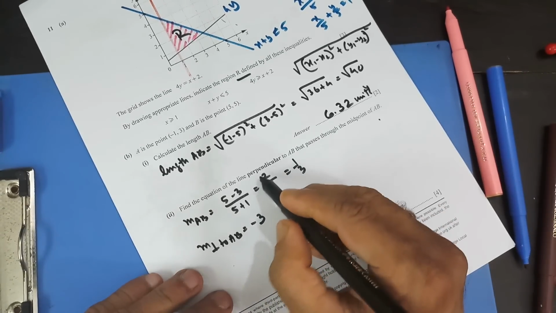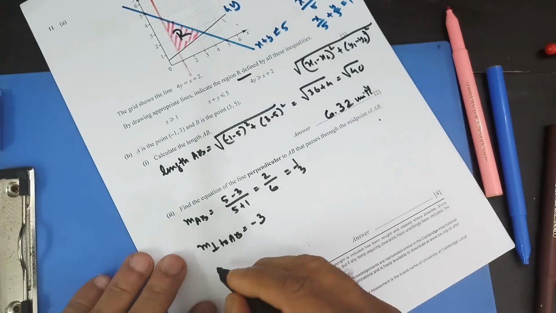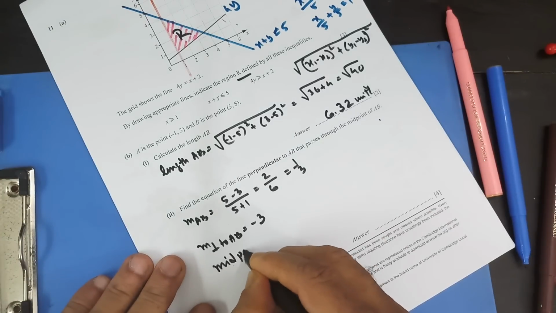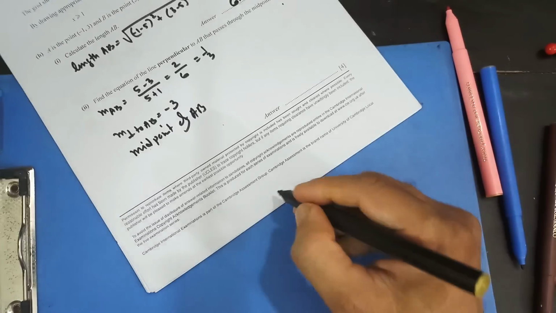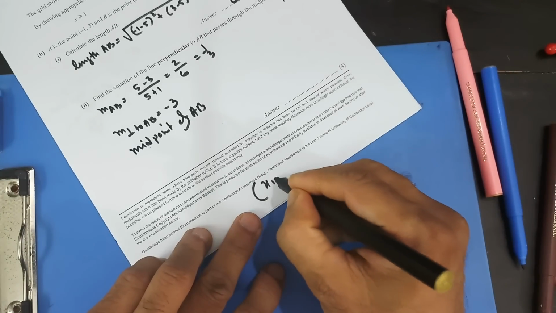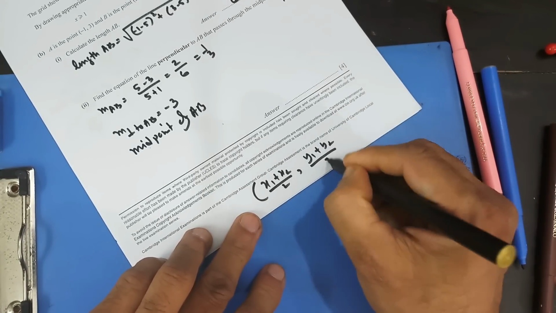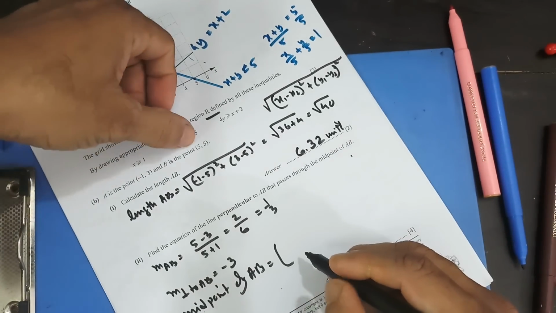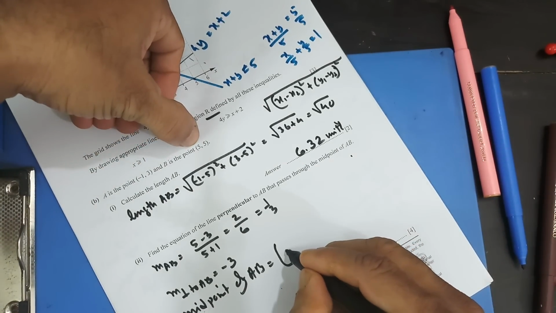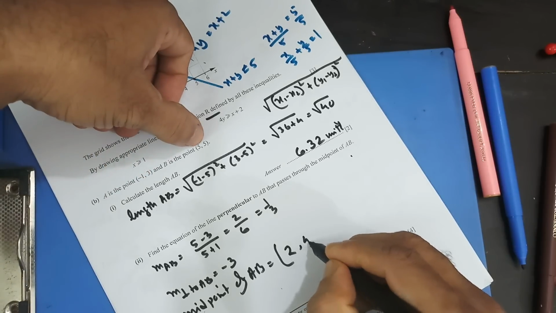The line perpendicular to AB passes through the midpoint of AB. The midpoint's formula is x1 plus x2 divided by 2, y1 plus y2 divided by 2. So minus 1 plus 5 is 4, divided by 2 is 2, and 3 plus 5 is 8, divided by 2 is 4.